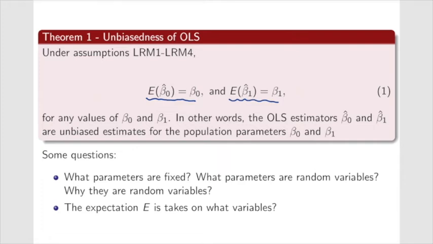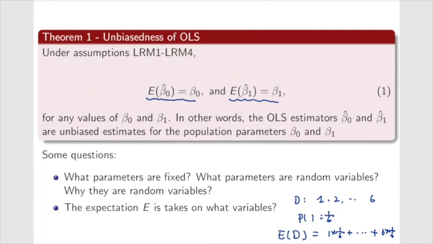For example, if you throw a dice, the outcome is a random variable. It can take values from 1, 2, 3 to 6, and each value has a probability of 1 over 6. So we can take the expectation of the outcome of throwing a dice, which is 1 times 1 over 6 plus up to 6 times 1 over 6, which is equal to 3.5.